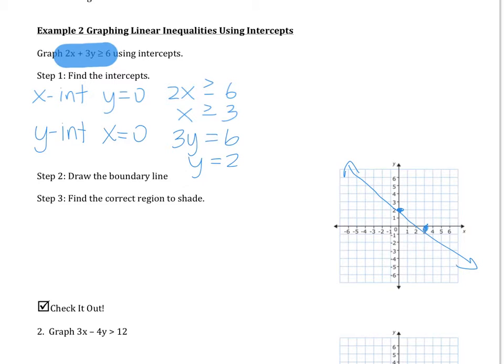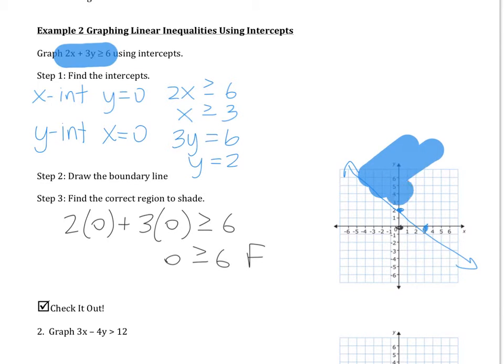Again, I can test 0, 0 because that is not on the line. So 2 times 0 plus 3 times 0. Is that greater than or equal to 6? And that's false. So I need to shade the region away from that point.